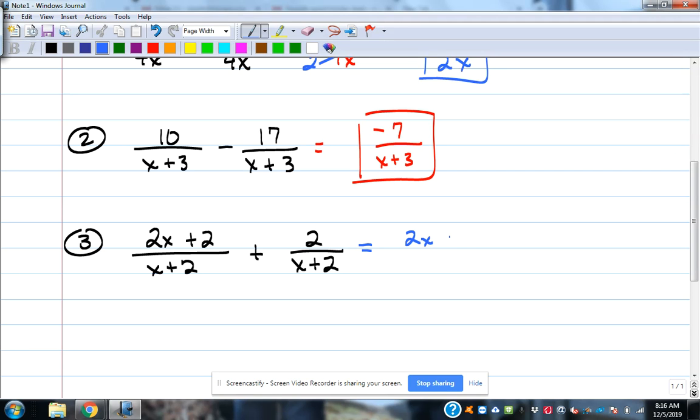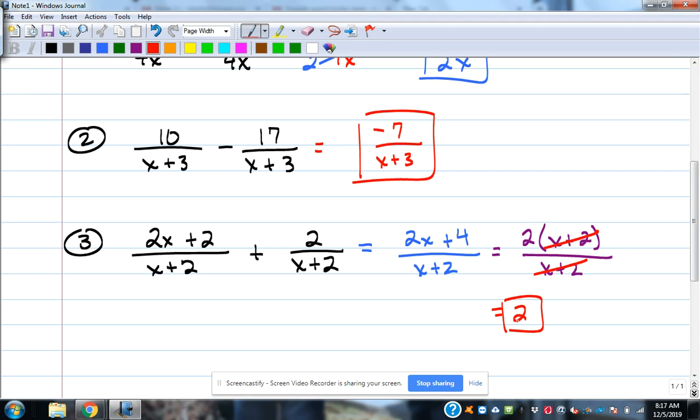That'll be 2x plus 4 over x plus 2, but we have to see if we can simplify. That top part has a GCF of 2. So the x plus 2 cancels, and the answer is just 2. It goes back to being able to do what we did yesterday, simplifying a fraction.